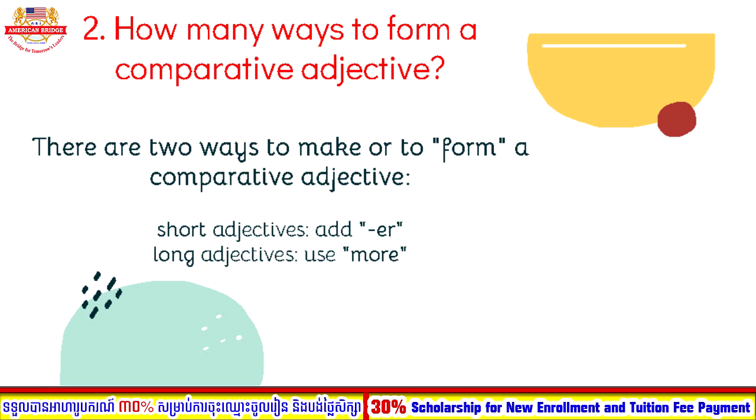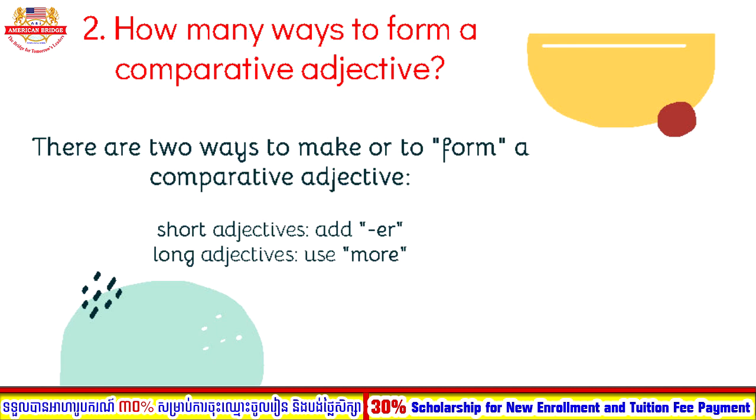And long adjectives are adjectives that have more than two syllables, like the word expensive. So expensive is called a long adjective. Example, my pants is more expensive than yours.